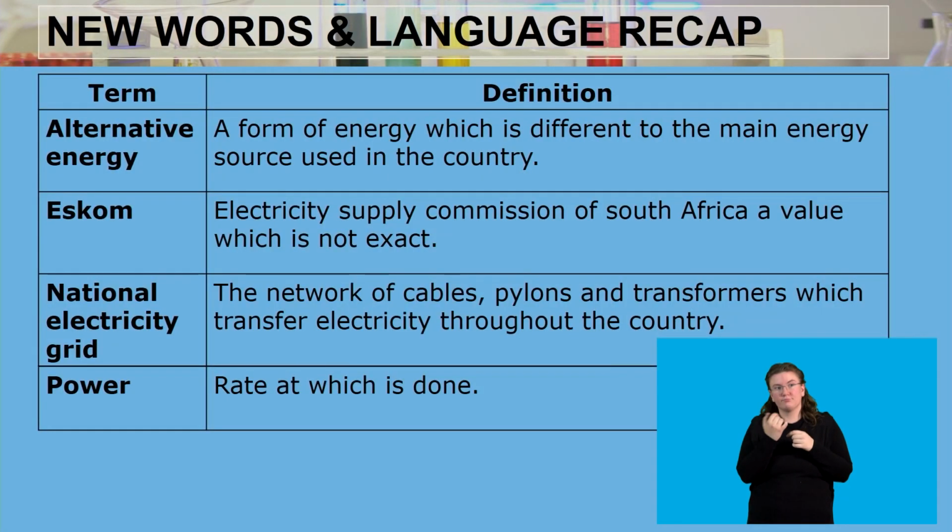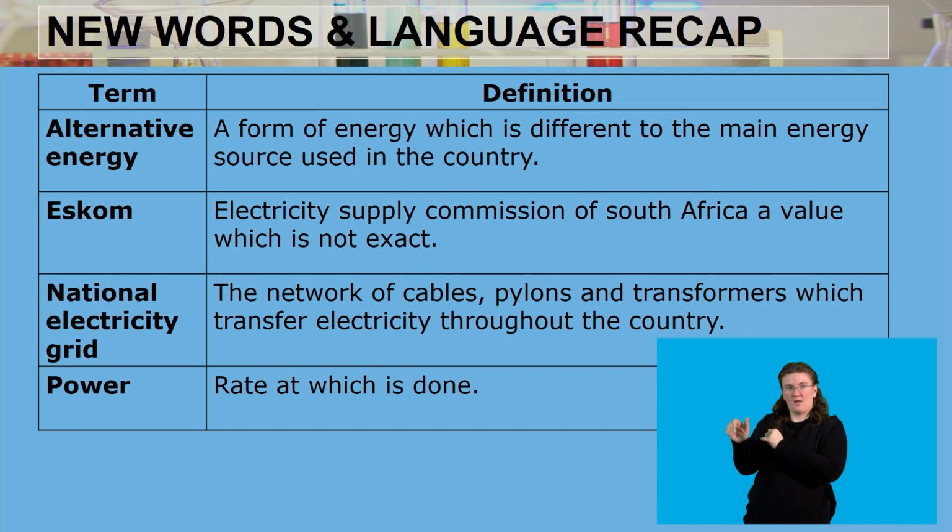Now, in this lesson, again, we used words such as alternative energy, Eskom, national electricity grid, and power. And those are defined as alternative energy, a form of energy which is different to the main energy source used in the country. And then Eskom, that's now the Electricity Supply Commission of South Africa.